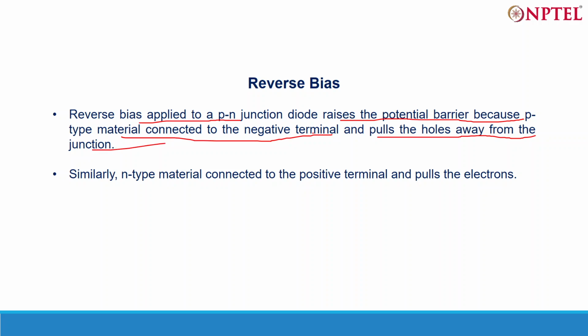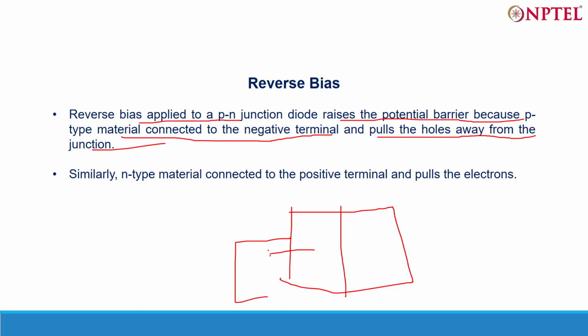Let's say this is the junction, so it will pull the holes away. Similarly, the n-type is connected to the positive terminal and it pulls the electrons away.